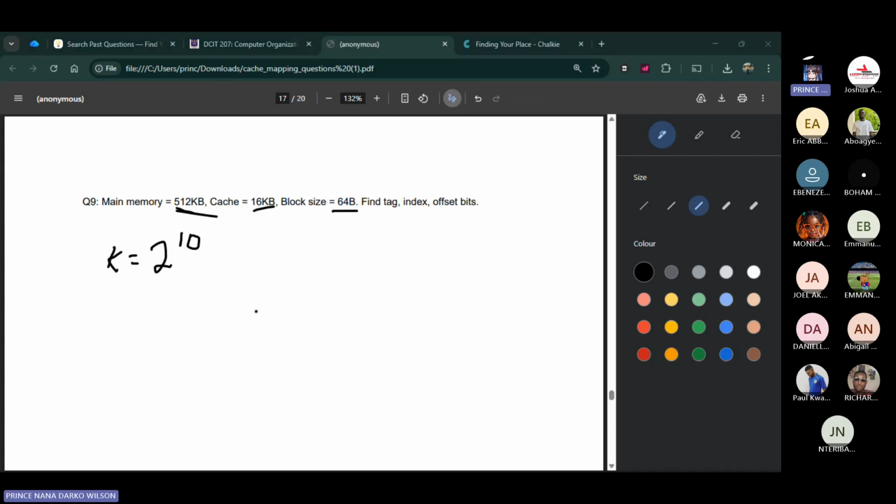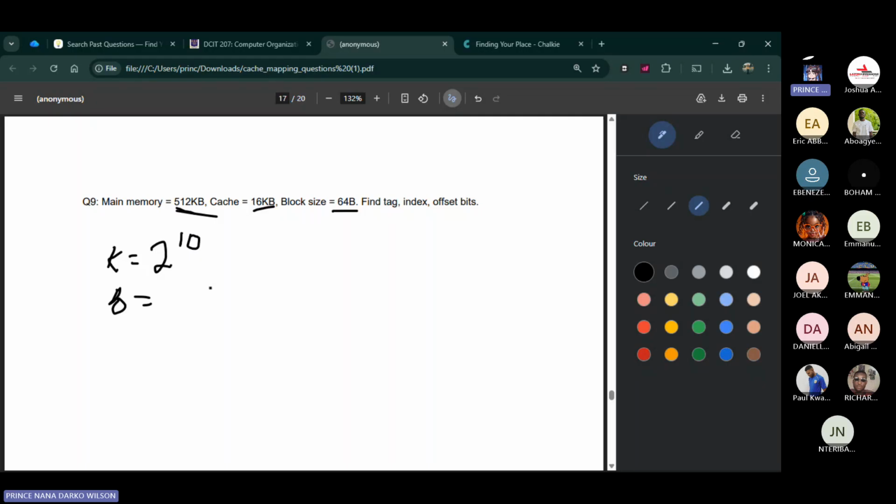All right. Finally, we take the 512 itself and convert that into its corresponding power of 2. So if I want to know the power of 2 of this, that's going to be our byte size. So 2 to the power of what gives me this?